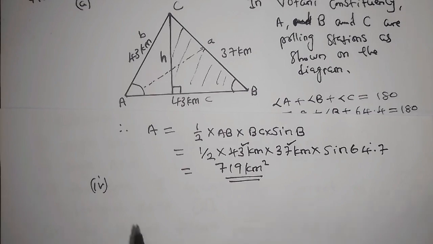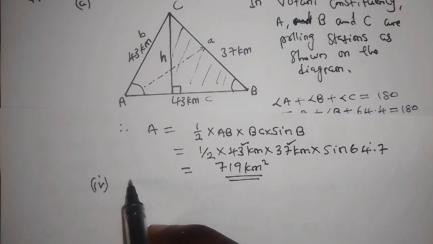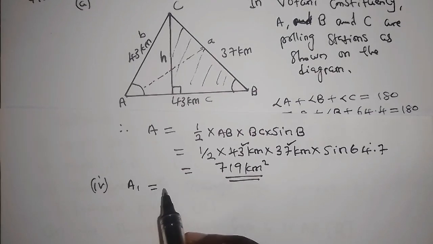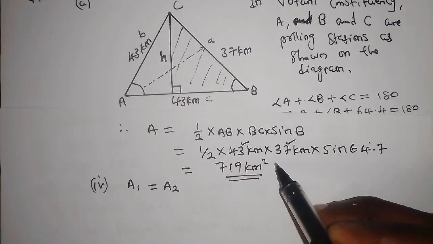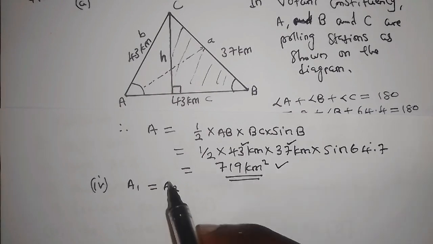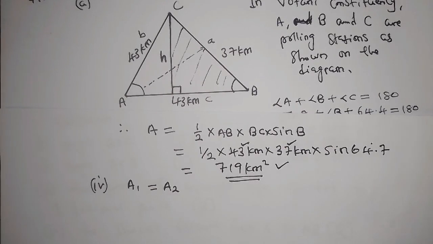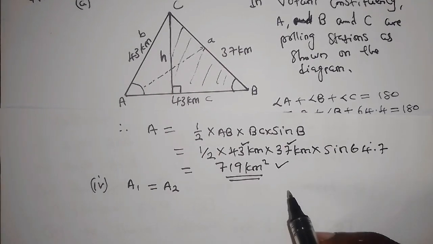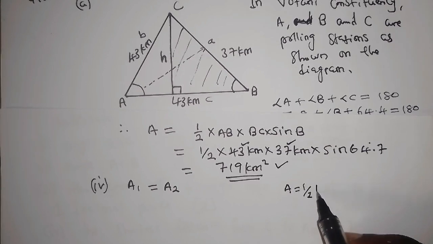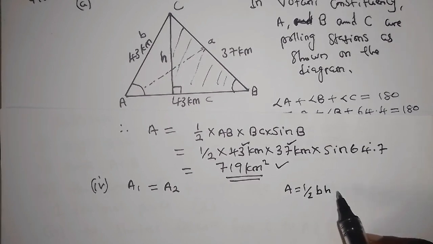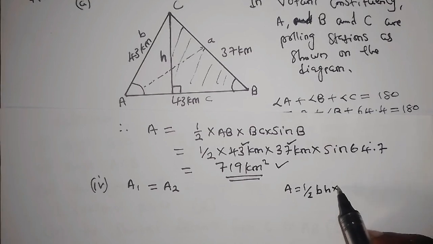And therefore, you're going to say the area 1 equals the area 2. Area 1 is the one that we have calculated, and area 2 is the area of the right angle triangle, which is half BH.